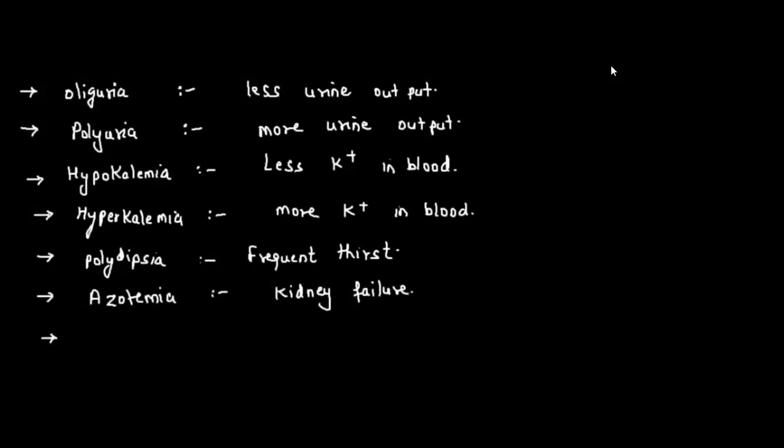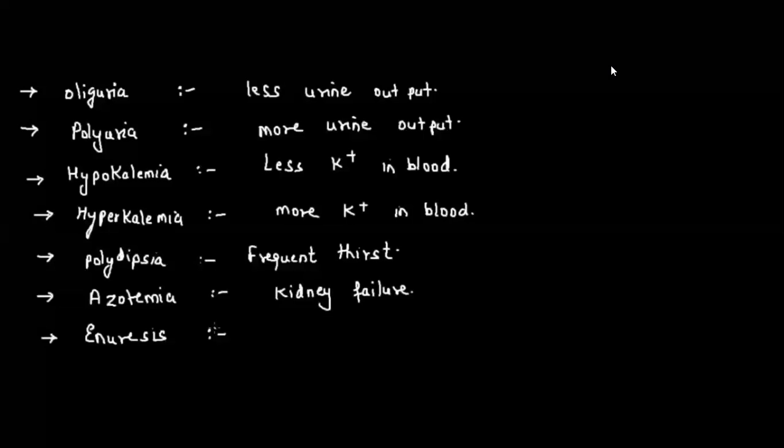The next technical term that we need to understand is enuresis. What is enuresis? It is bedwetting. We have seen young kids, at the age of 4 or 5, who still have not developed the power to control their urine, and during night time when they are sleeping, they pass urine on the bed.